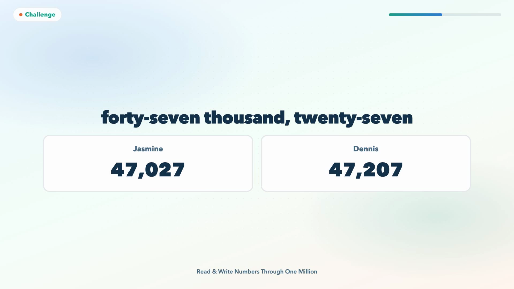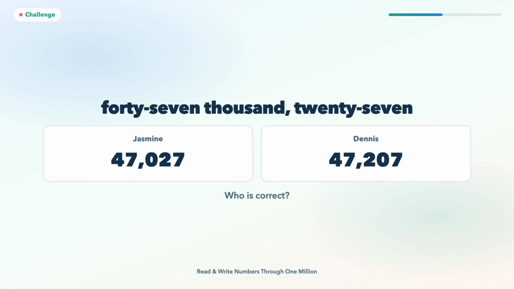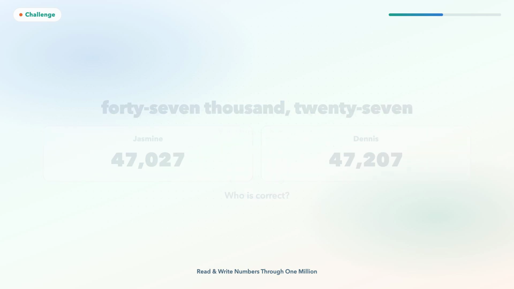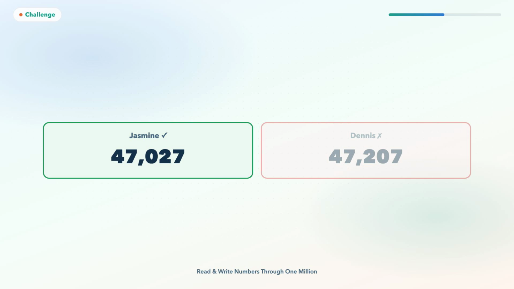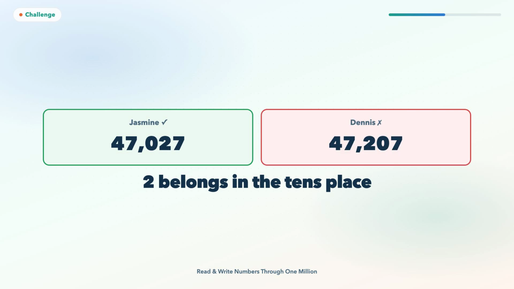Dennis writes 47,207. Who is correct? Think it through. Jasmine is correct. 47,027 needs the 2 in the tens place, so we write a 0 in the hundreds. Dennis put the 2 in the hundreds place by mistake, making 200 instead of 20.